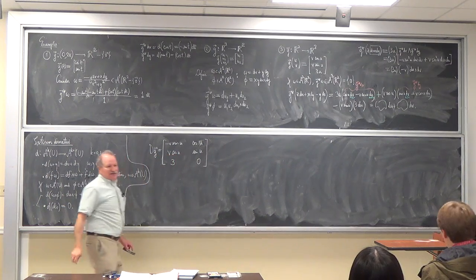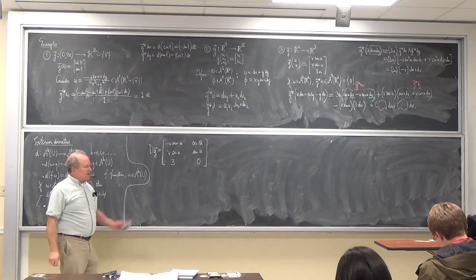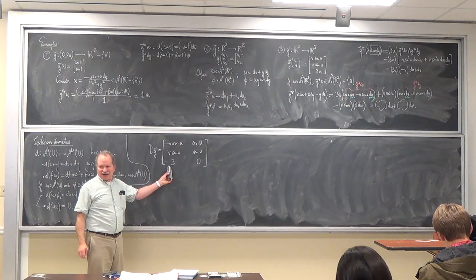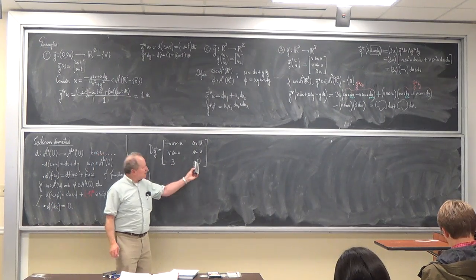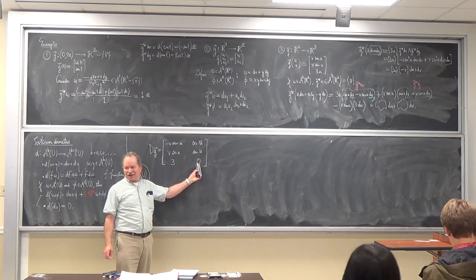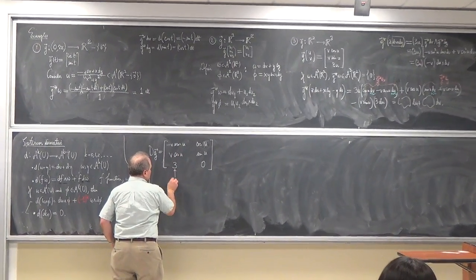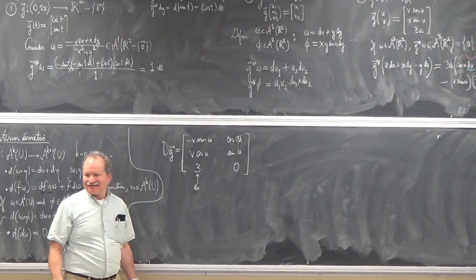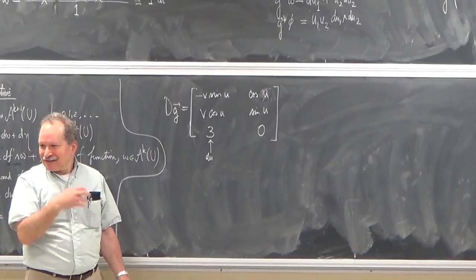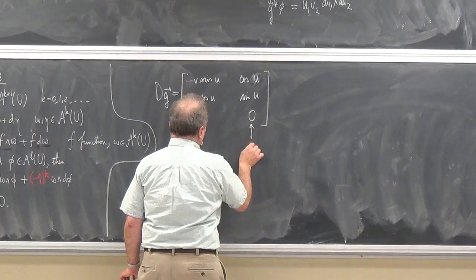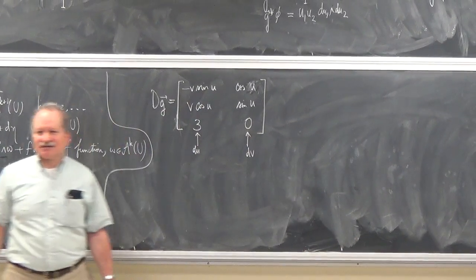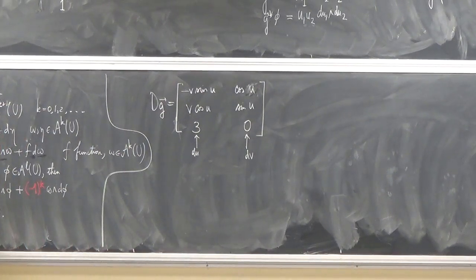There's the derivative matrix. And the partials with respect to u are here, and the partials with respect to v are here. So the first column is a placeholder for the du coefficients, and the right column is the placeholder for the dv coefficients. Make sense?